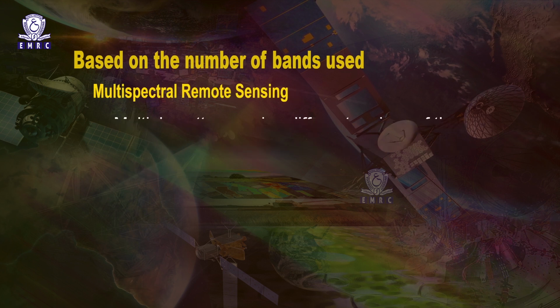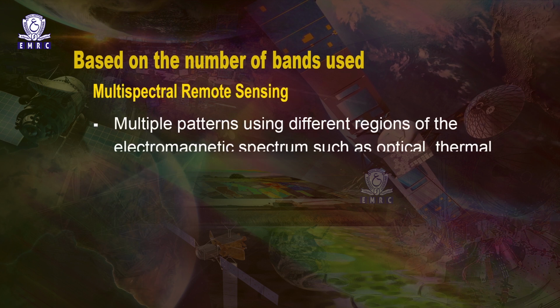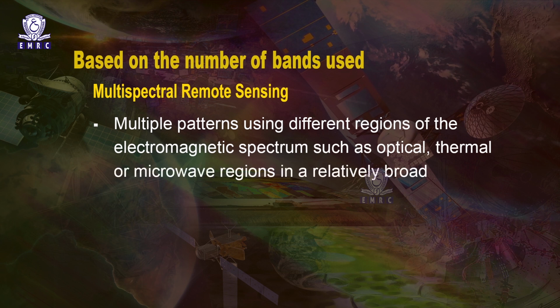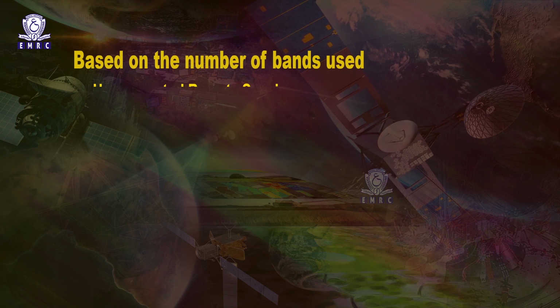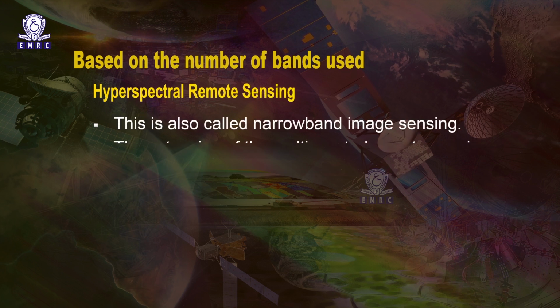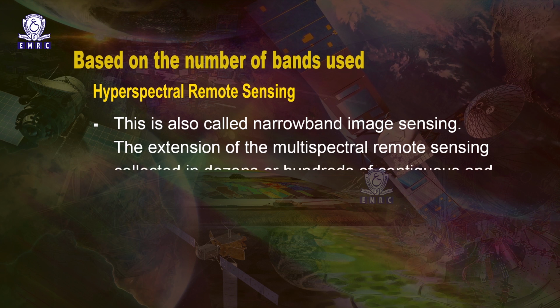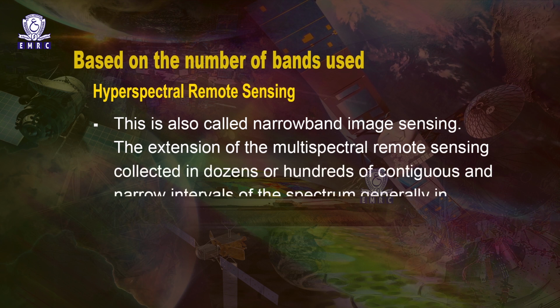Multispectral remote sensing: multiple images using different regions of the electromagnetic spectrum such as optical, thermal or microwave regions in relatively broad wavelength bands. Hyperspectral remote sensing. This is also called narrowband image sensing. It is an extension of multispectral remote sensing, collected in dozens or hundreds of contiguous and narrow intervals of the spectrum, generally in optical regions.